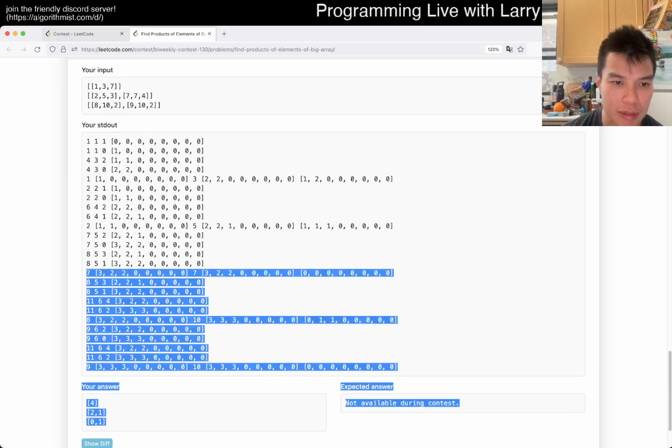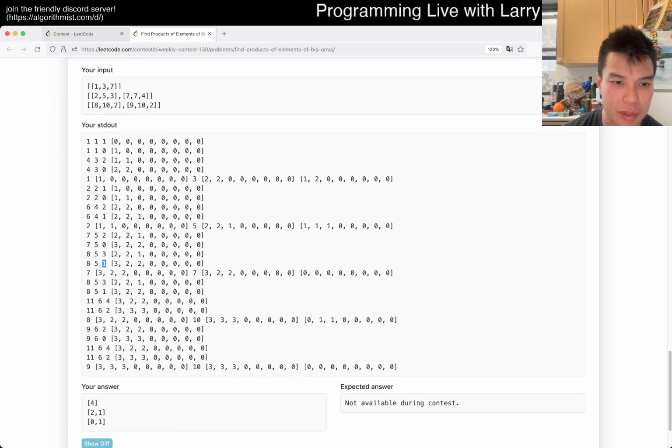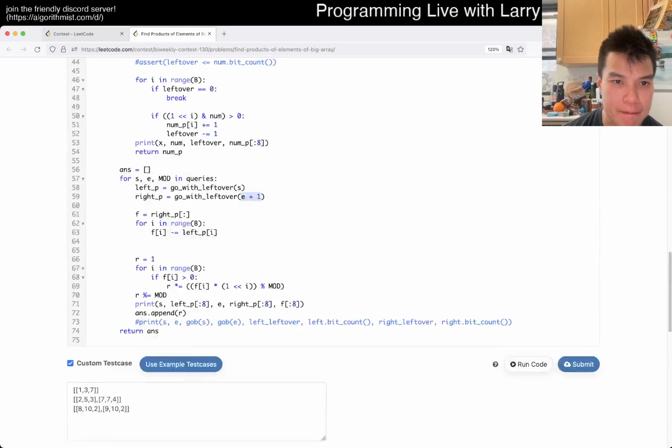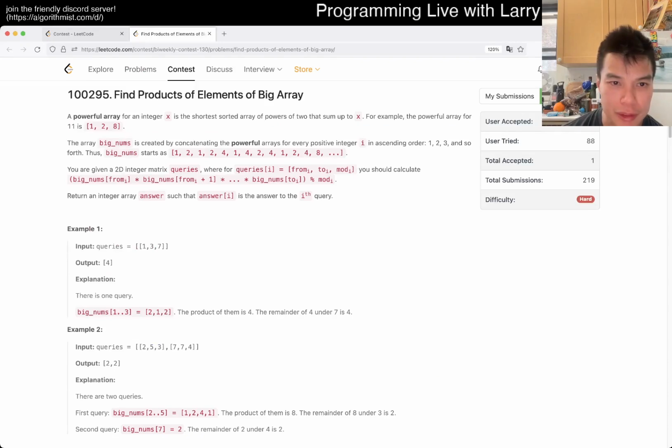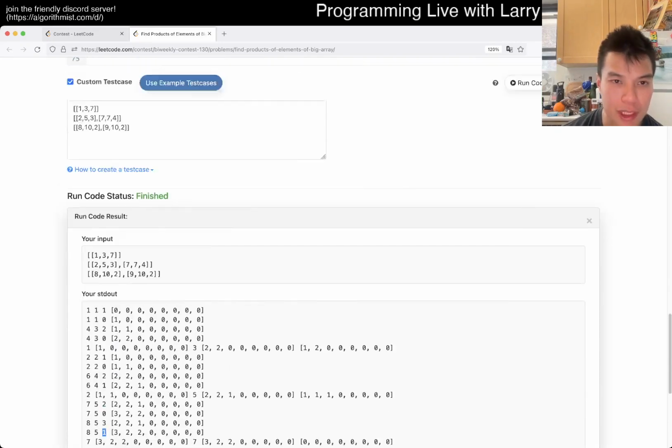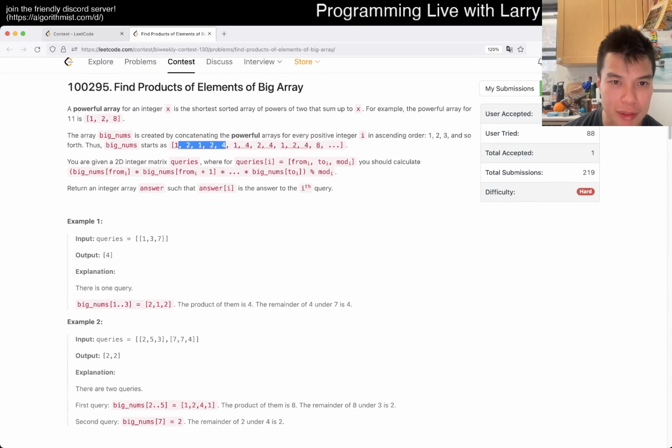And also this has a leftover, so I think that's also an issue. So 7 is going to be 5. I'm like doing something weird with the off by ones.